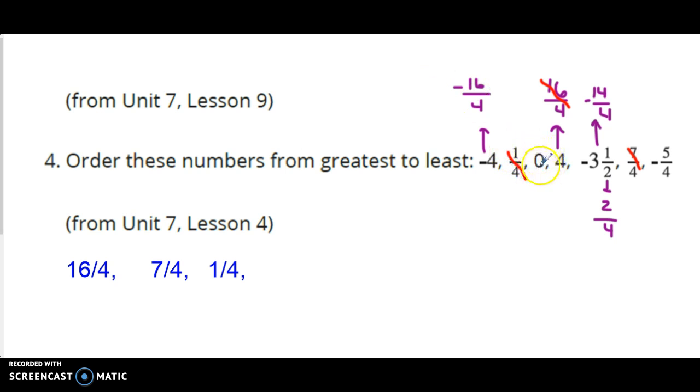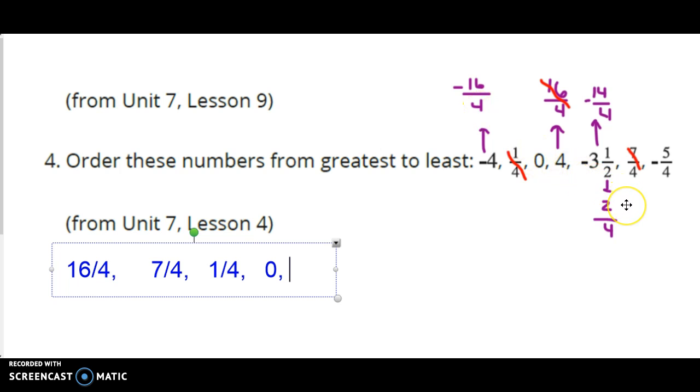But 0. Is 0 greater than a negative? Yes. So down here, I'm going to do 0. Now if I think about my number line, I'm looking for small fractions that are negative, that are close to 0. So I have -5 fourths, -14 fourths, -16 fourths.